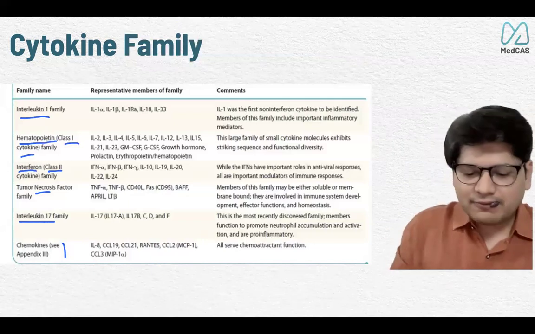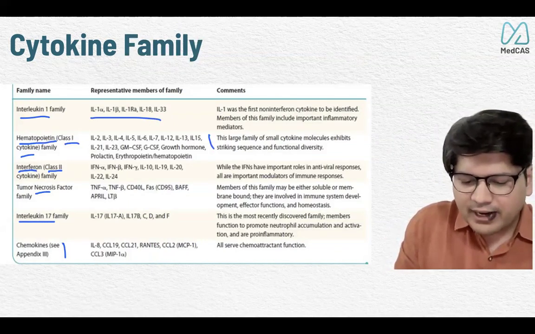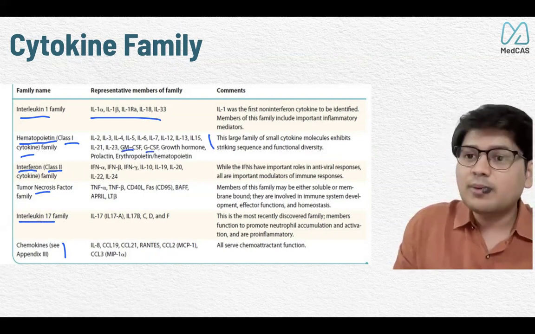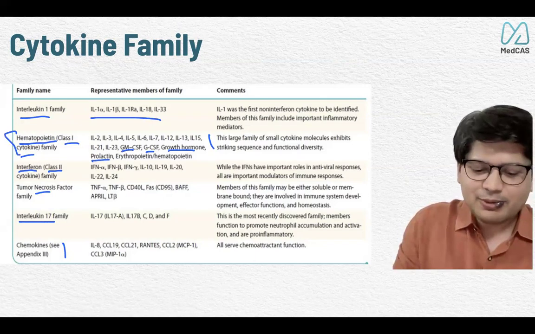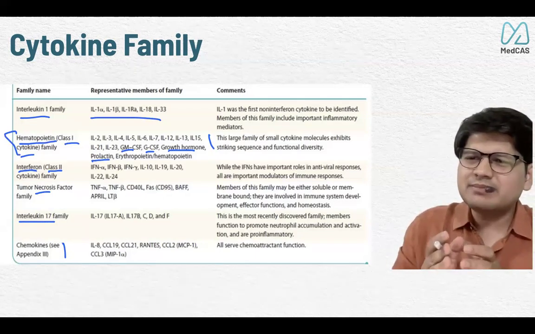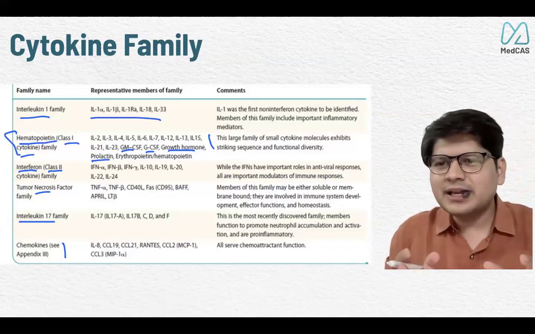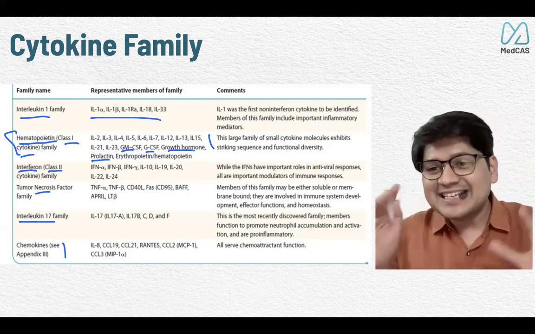Fine. Now if you see the members of these families, you will find a few things: GM-CSF, G-CSF. Oh, they are cytokines. Yes, they are cytokines. Growth hormone is also a cytokine. Prolactin is also a cytokine, which comes in the hematopoietin class 1 cytokine family. Okay. So sometimes if someone is really barbaric, they can ask an MCQ: all these are part of the class 2 family, except.